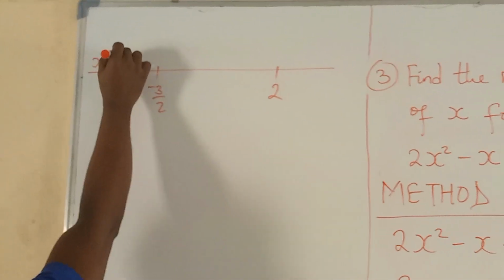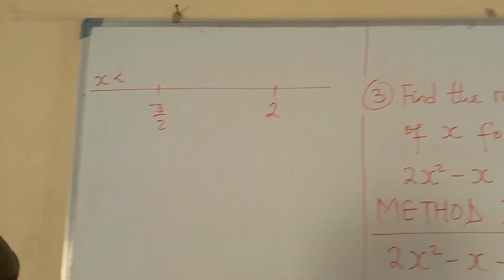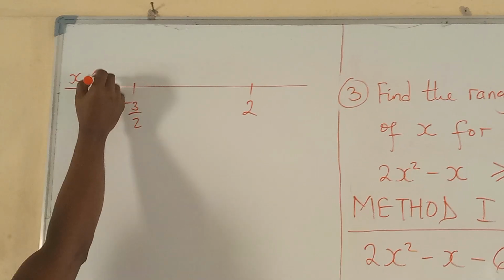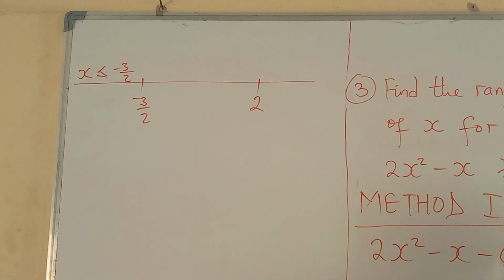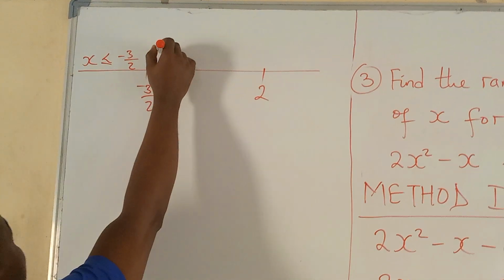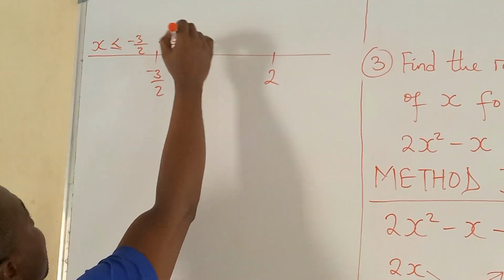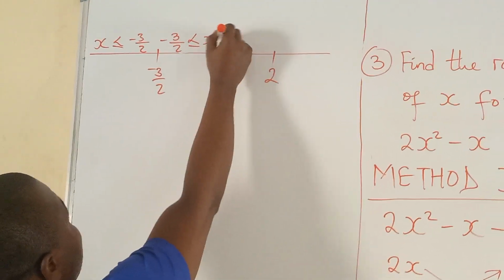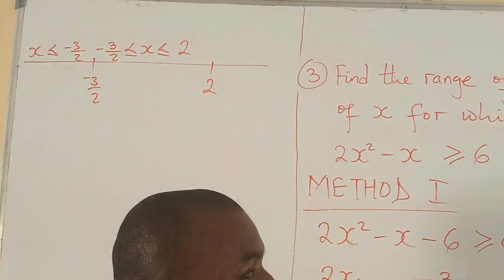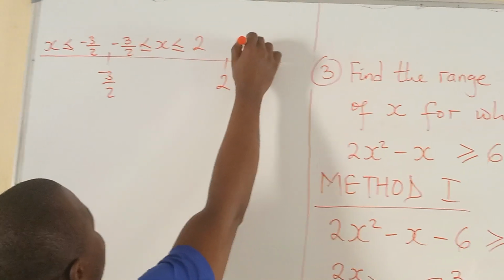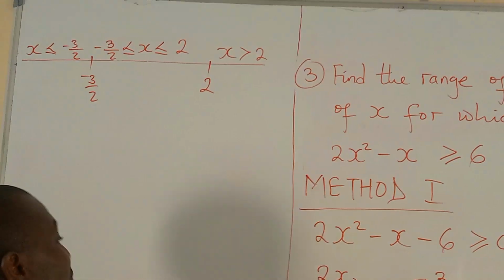So that means x is less than or equal to negative 3 over 2. And then in between, negative 3 over 2 is less than x, less than or equal to 2. All the numbers this other way are greater than 2. So x is greater than 2.